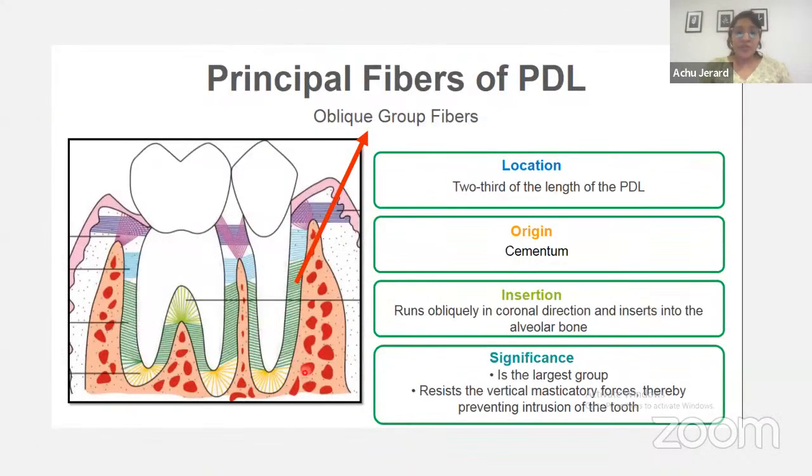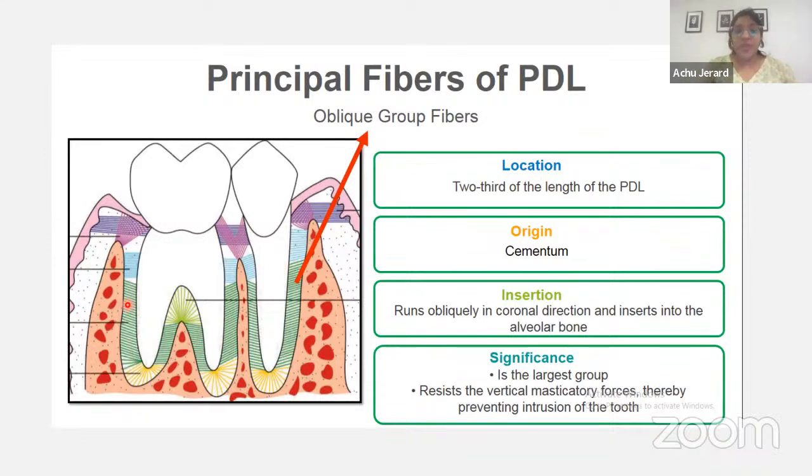In the oblique group, I've already told you they form the major bulk of the fibers. You have to know the course: coronal direction, obliquely from the cementum to the bone. So the action is they prevent the vertical masticatory forces and the intrusion of the tooth.